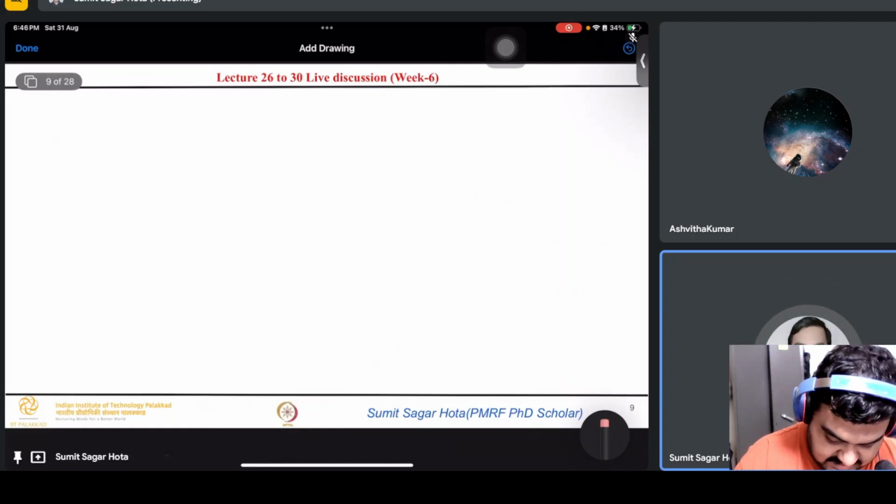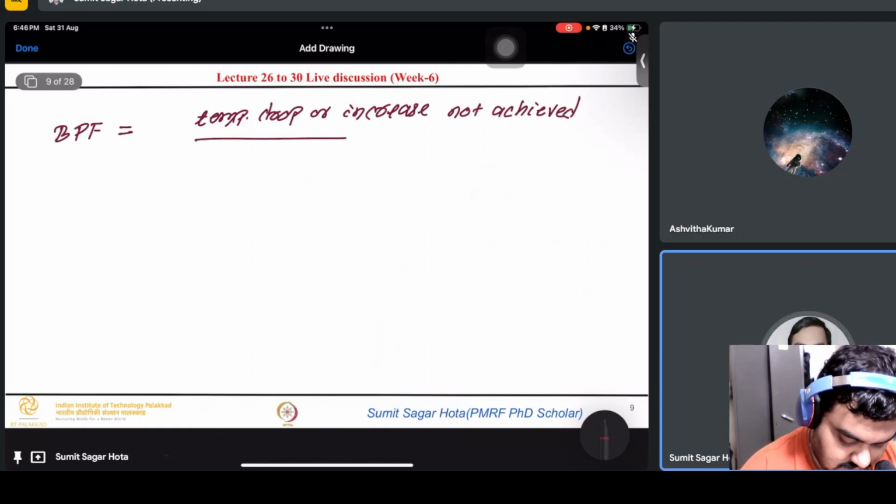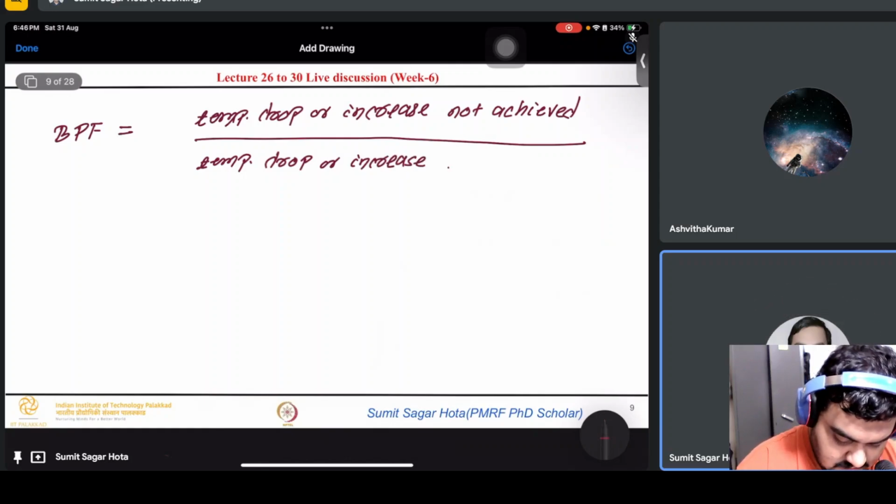So the definition of bypass factor is temperature drop or increase not achieved divided by temperature drop or increase that could be achieved ideally.